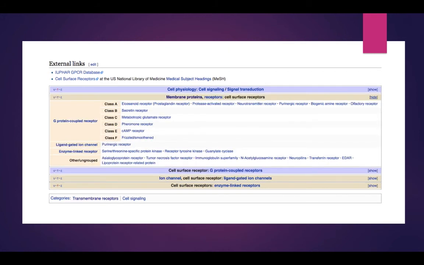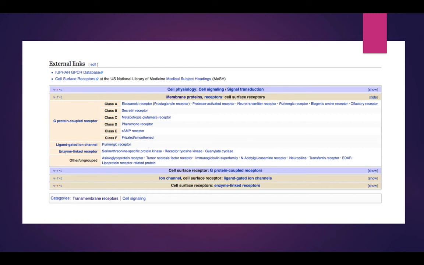If we look at different membrane receptors, membrane proteins, we have G protein coupled receptors, ligand gated ion channels, enzyme linked receptors, and other. Now the G protein coupled receptors are going to have things in common, similarities that they aren't going to share with ligand gated ion channels. I mean, they will share things in common.